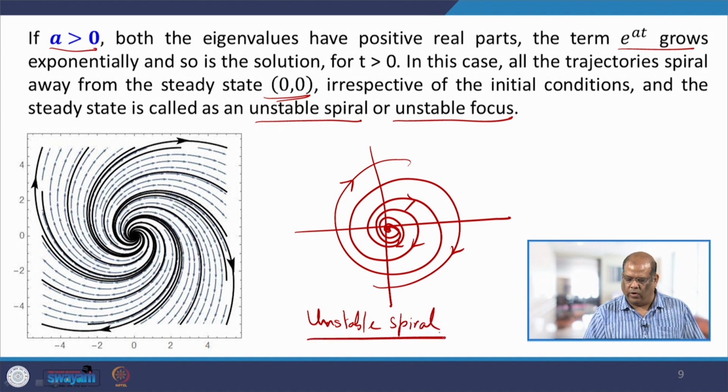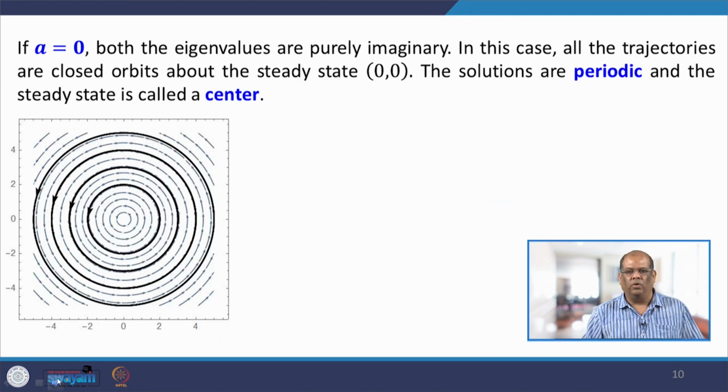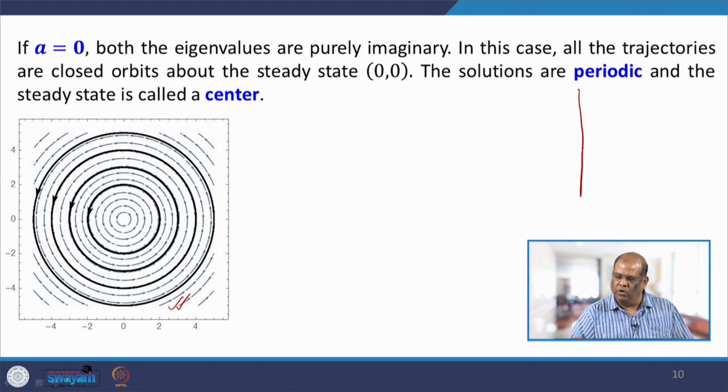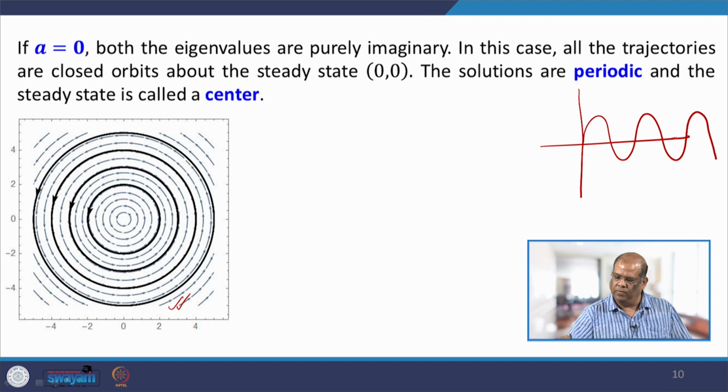Now, what happens when your A is equal to 0? When A equals 0, your eigenvalue becomes purely imaginary. In that case, all trajectories will form a closed orbit like this, and the solution is periodic, because you will have only the sine and cosine functions. Your solution will look like this, just a periodic solution, where this is your t and this is your x(t) or y(t).